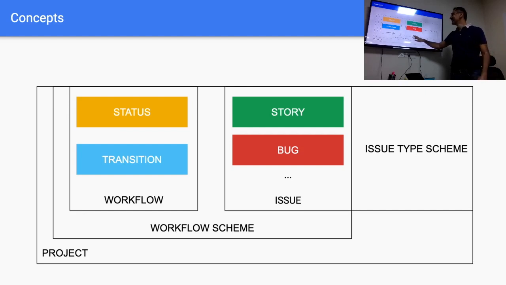How many of you know what workflows are? How many of you know what workflow schemes are? How many of you know what issue type schemes are? How many of you know what a project is? Okay, everybody knows. So this is the part which we're going to also cover today.